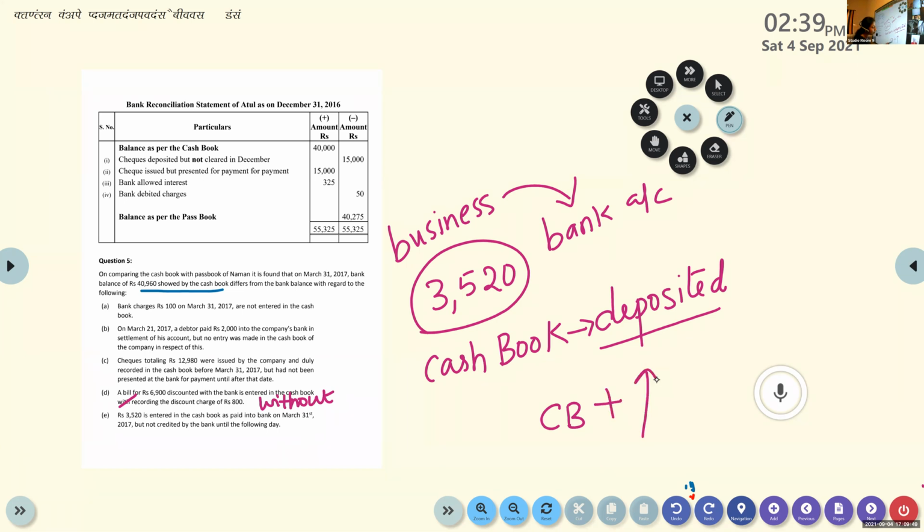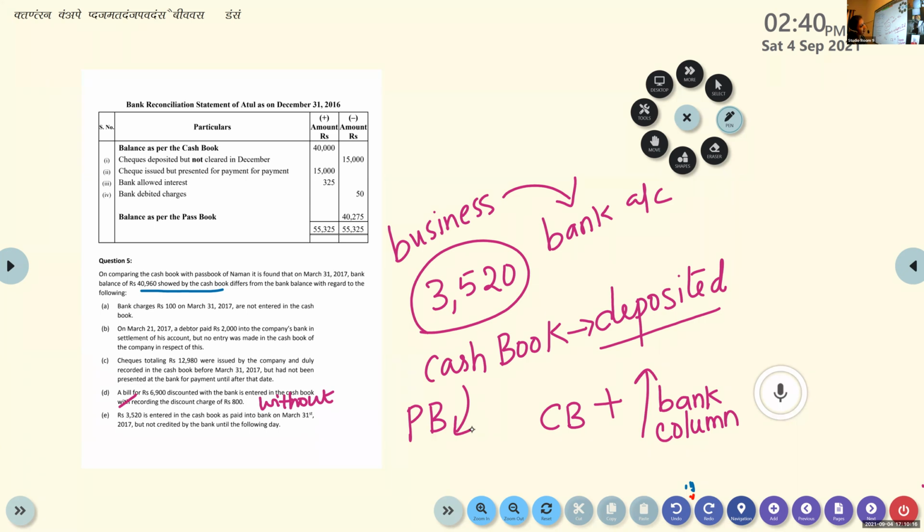Cash book, double column cash book, the bank column shows a greater amount. But it is not there in the passbook. It is not credited. Might be that day was a bank holiday, or it was a hartal day.